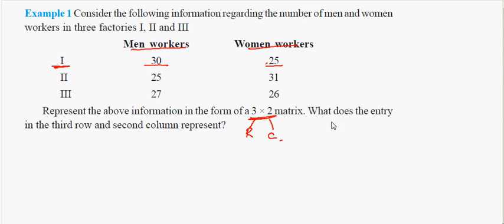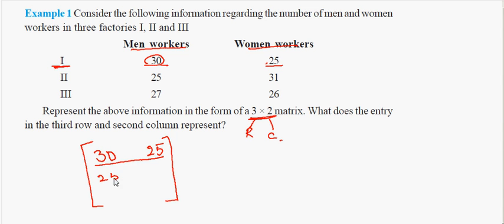What does the entry in the third row and the second column represent? First, as they have said, we will represent it in a matrix however they have given it. The first column indicates men, and the second column represents the number of women workers. The whole first row represents the number of men and women working in the first factory.